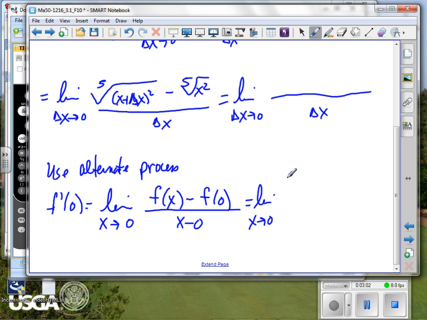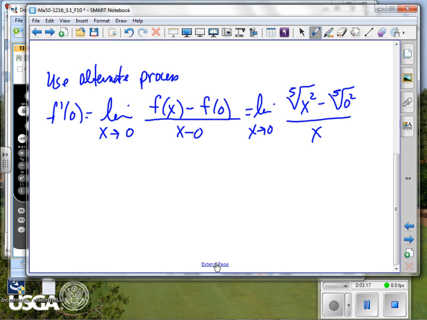Well, f of x is the fifth root of x squared minus the fifth root of 0, divided by x. So we've got the limit as x approaches 0 of x to the 2/5 power divided by x.